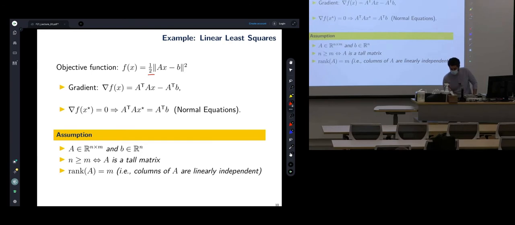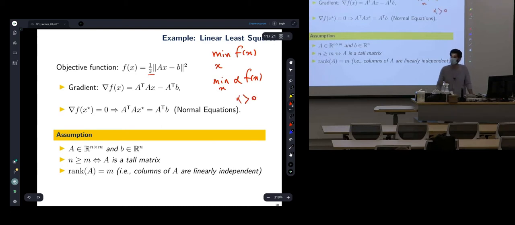Which brings us to this point: if you minimize your objective function, the solution is the same as if you multiply your objective function by a positive number. Scaling your objective function will not change the solution of your problem. Of course, it cannot be negative, because then you change the minimization to maximization.